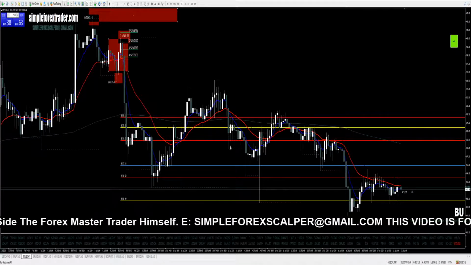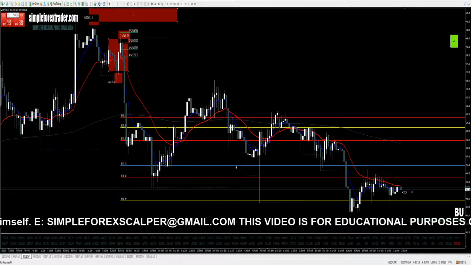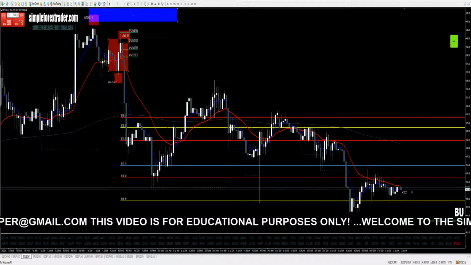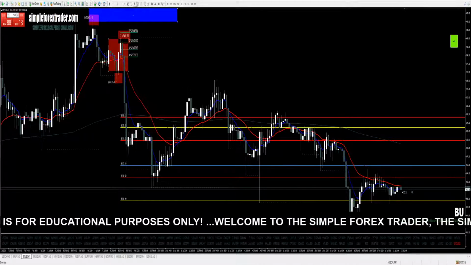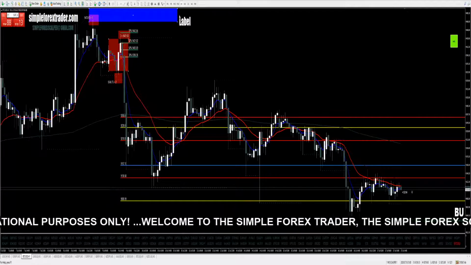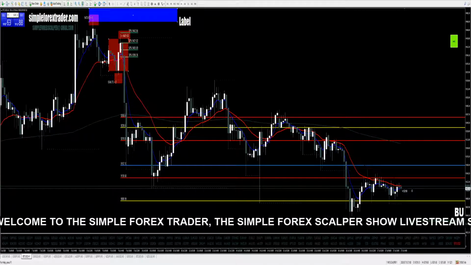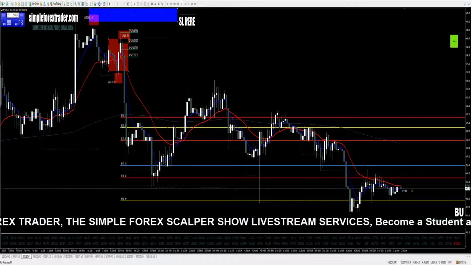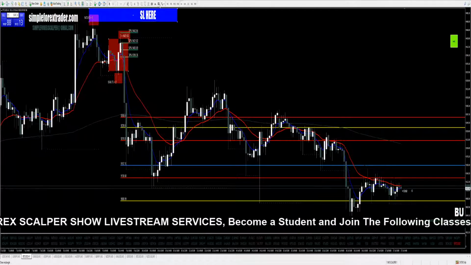Change that color as well. Bingo. So stop loss up here. Stop loss here. And entry here.